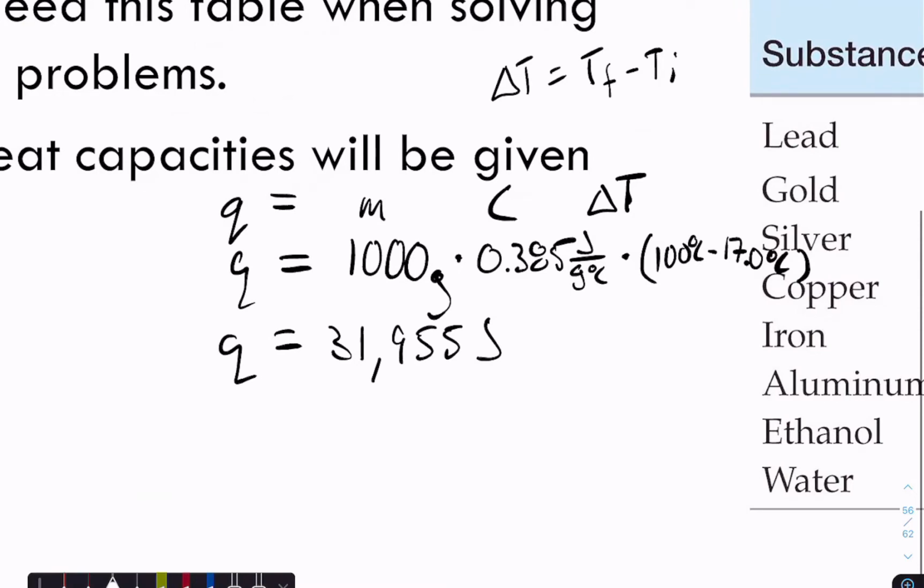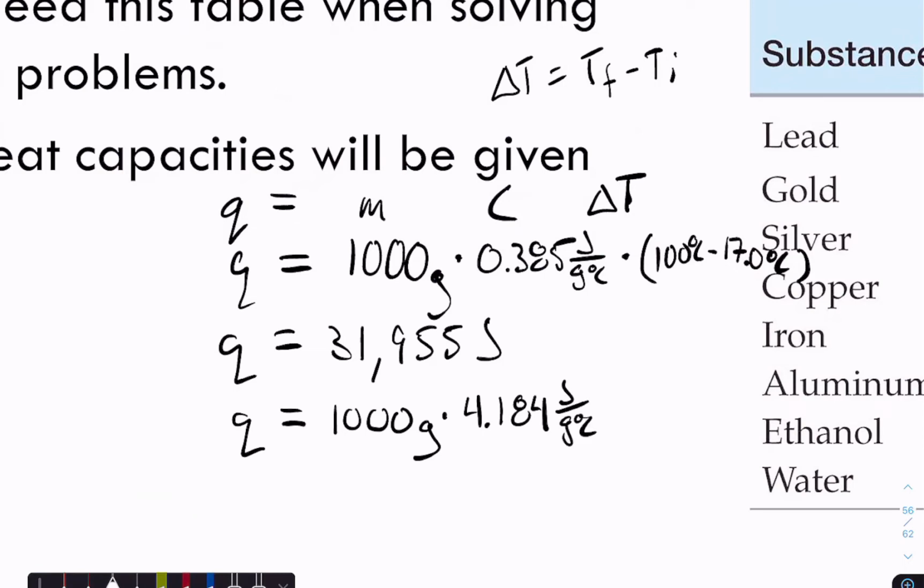Now, what if we wanted to heat up water from room temperature to 100 degrees C, which is boiling? 1,000 grams is about a liter of water, maybe what you would use to make some mac and cheese. So still 1,000 grams, that doesn't change. But what does change is we use the heat capacity for water, which is 4.184, still joules per gram degree C. And we're still going to use the same difference in temperature.